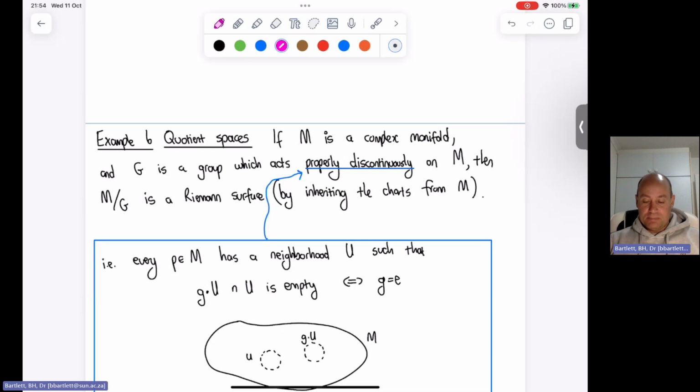All right. So it's a very bad terminology. Nothing is discontinuous here. We should really talk about it as separating group elements or something like this, but nothing is discontinuous.